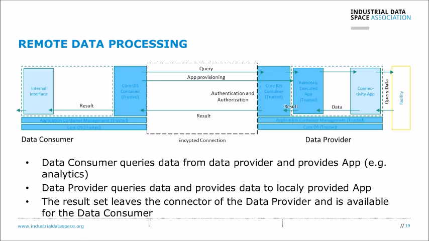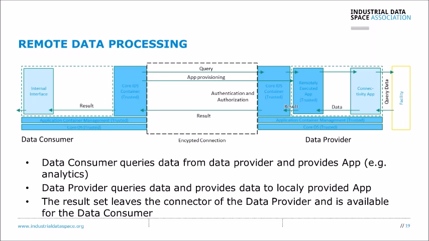The app that does the analytics or the aggregation is provided in the IDS connector of the data provider. This is, for example, very interesting if you're covering big data sets. For example, if you have genomic data, which are really, really large, sometimes it doesn't make sense to transfer all the data from the data provider to the data consumer. Then the query and the app will be provided to the data provider.